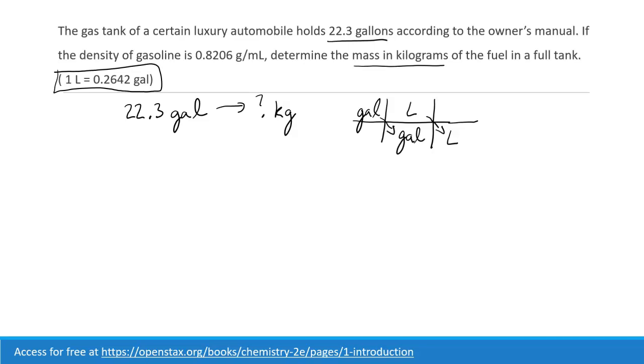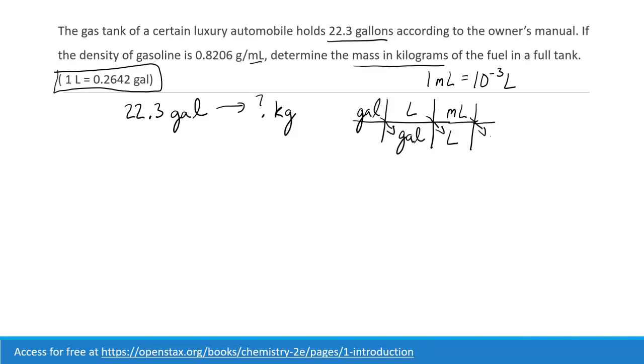And I do not have a conversion factor given with liters, but I do have a conversion factor given in milliliters. And I do know the conversion factor between liters and milliliters. Remember, for every 1 milliliter, that is equal to 10 to the negative third liters.